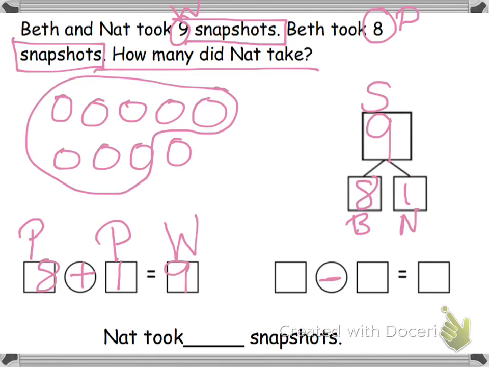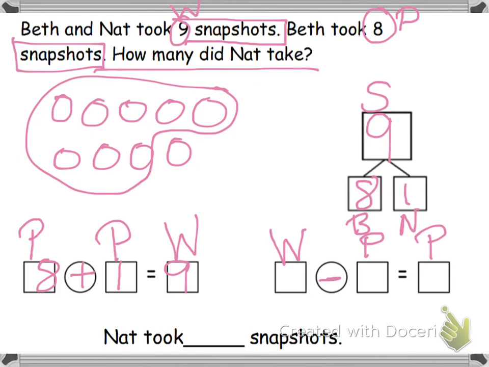For subtraction, we know that the whole always has to be in front of the minus sign. That whole is not happy unless it's in front of that minus sign. And then we have a part that is in front of the equal sign, a part that is behind. So in subtraction, the parts hug the equal sign.